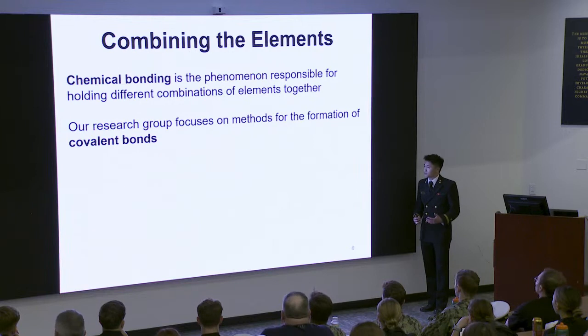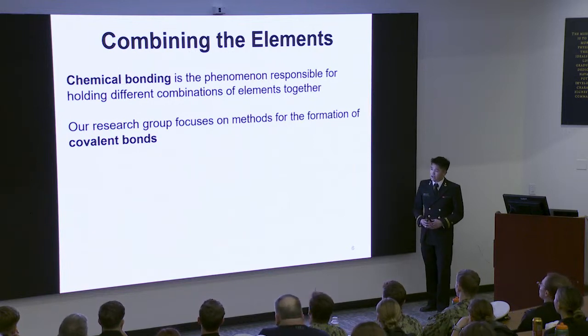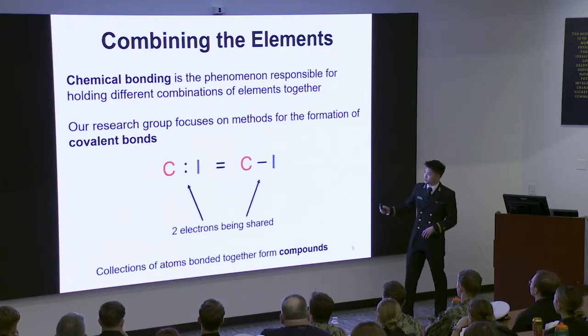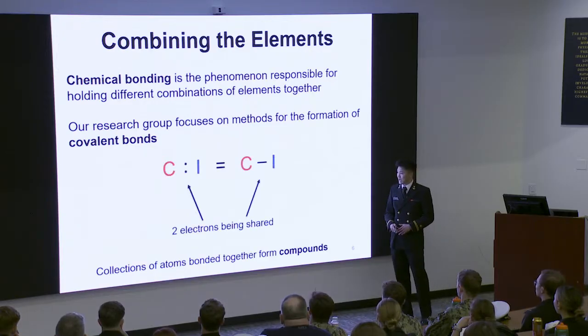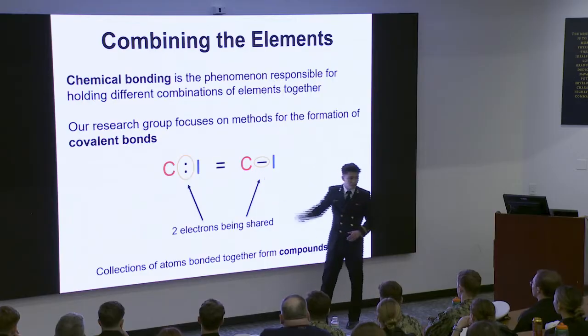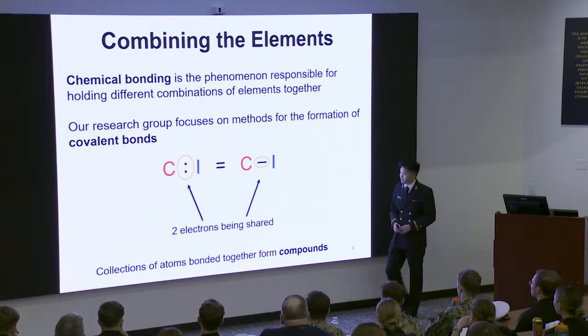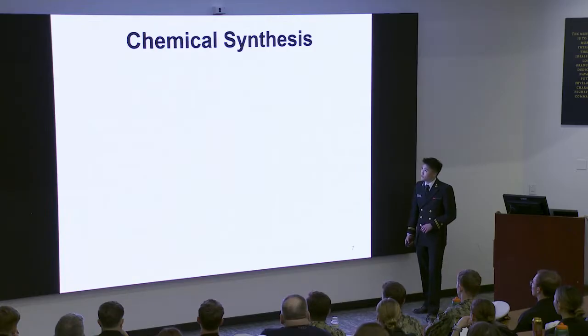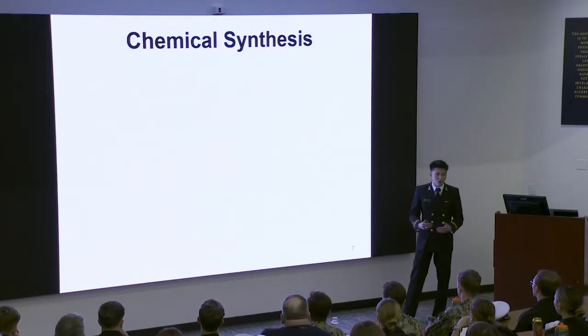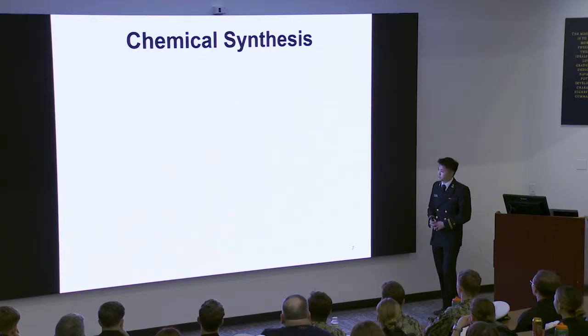Elements can be combined through a type of bonding known as covalent bonding. In covalent bonding, 2 electrons are shared between 2 atoms. This is shown here by the 2 dots, as well as a line between the carbon and iodine atoms shown here. The process of combining elements through covalent bonding to create larger compounds is known as chemical synthesis.